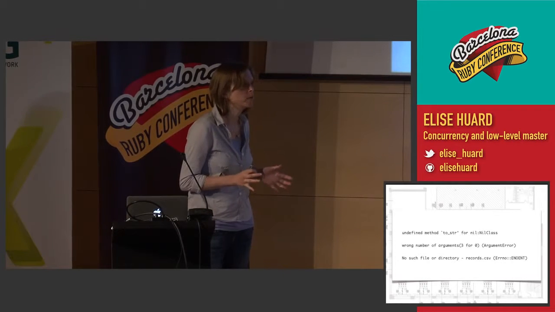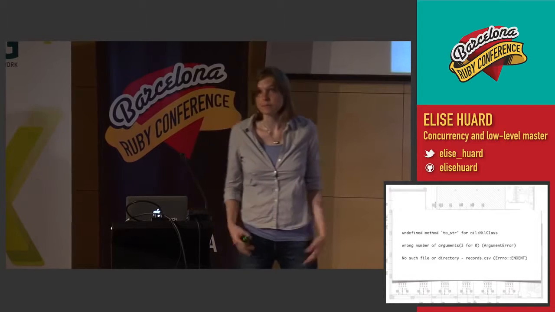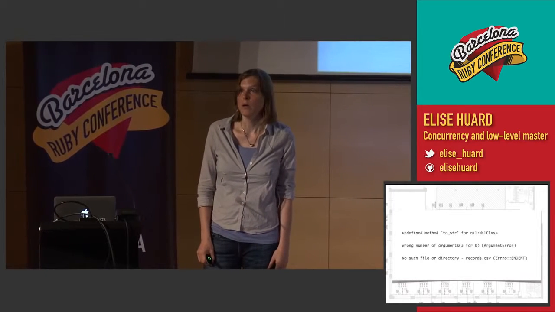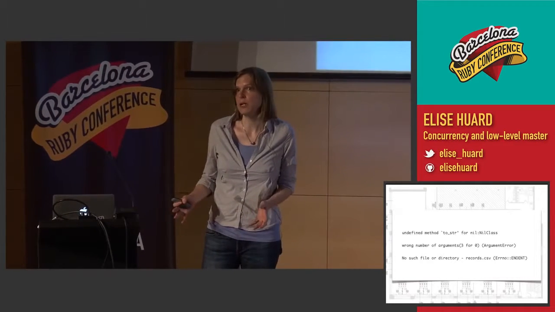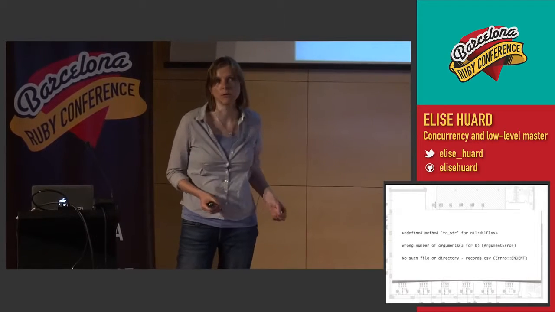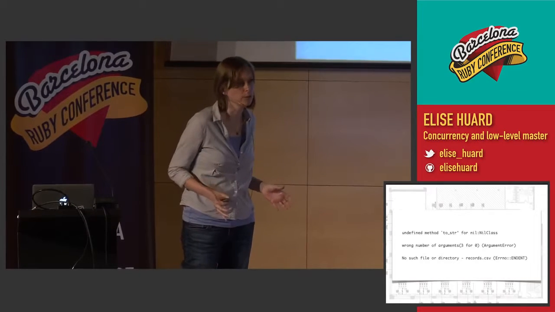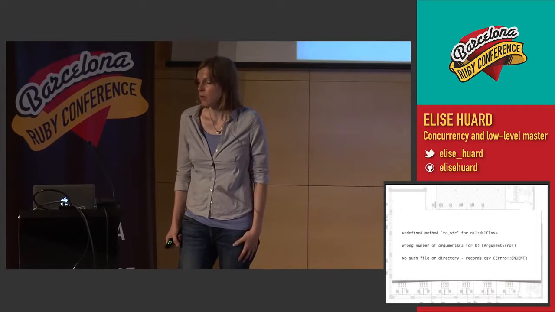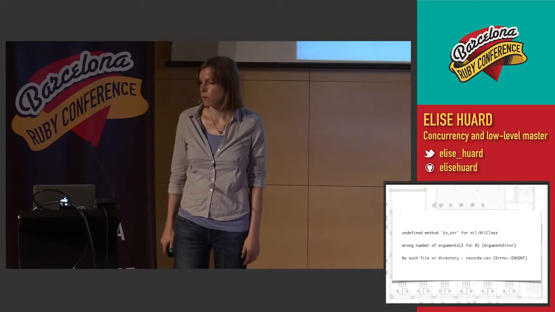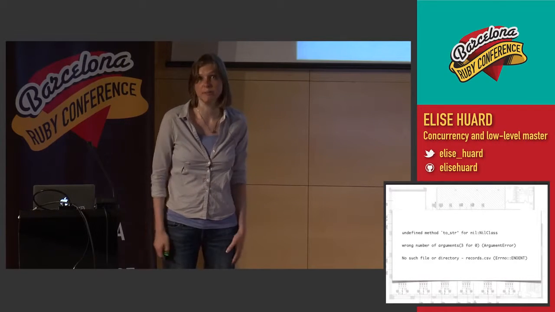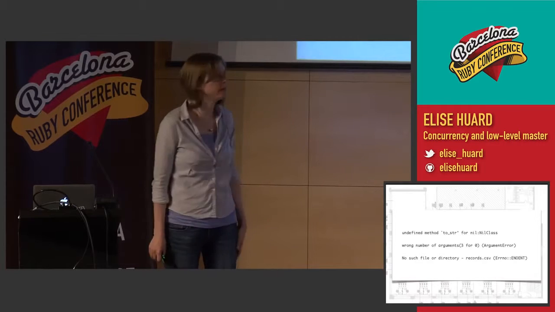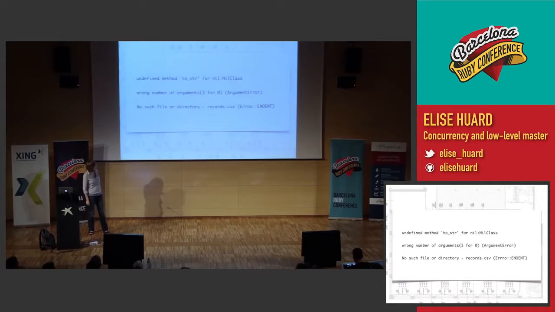It may happen in production when you didn't think of a certain case, or a user is doing something crazy that you didn't plan for. So, a number of very standard, totally non-panicky errors: undefined method for nil class, wrong number of arguments.